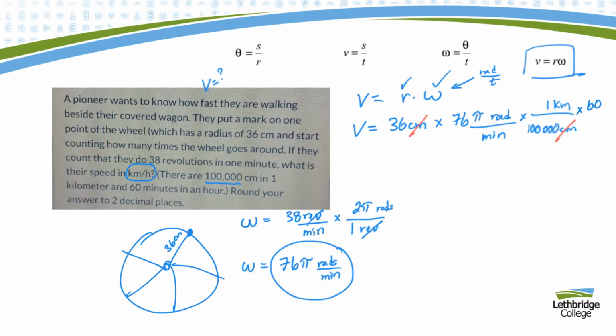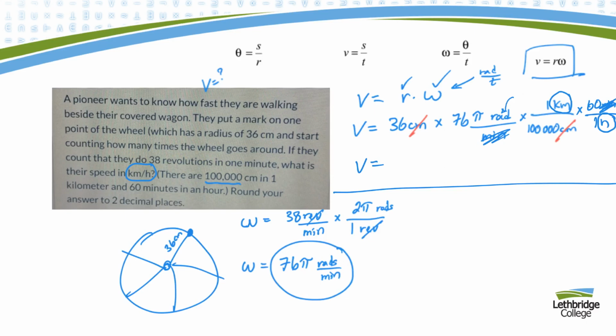So there's 60 minutes in 1 hour. Minutes cancel. Good. And when I use this formula, the radian unit just sort of disappears, which seems a little funny, but anyway, my final units would be kilometers per hour. So I just have to times all that stuff together. Let me do that.